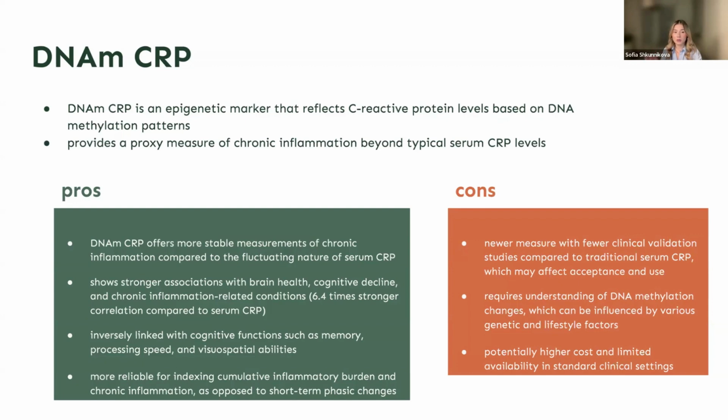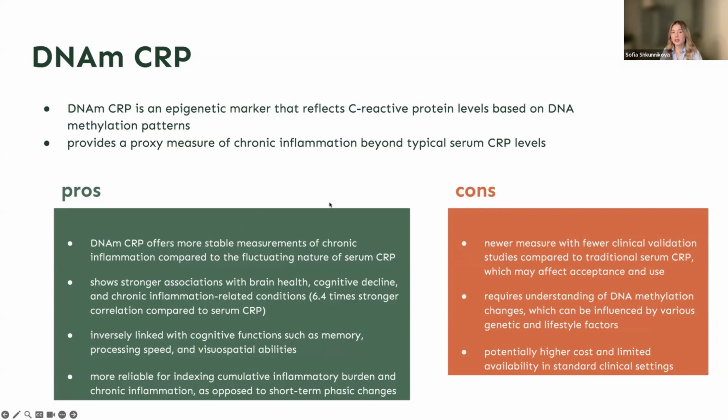The pros are multiple, again, especially for brain health, because you'll see that DNAm CRP has been shown to be associated with brain health, cognitive decline, and chronic inflammation-related conditions, with a 6 times stronger correlation compared to serum CRP. And it is also inversely linked with cognitive functions such as memory, processing speed, and visuospatial abilities.